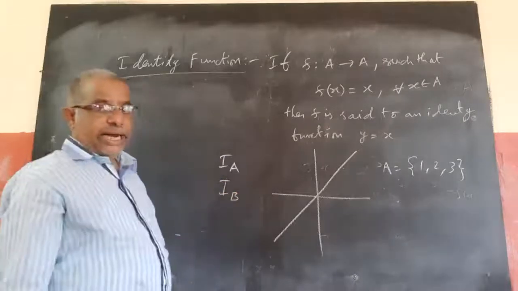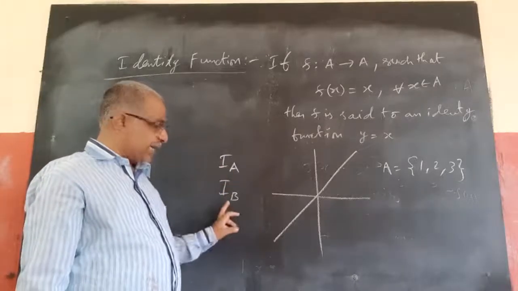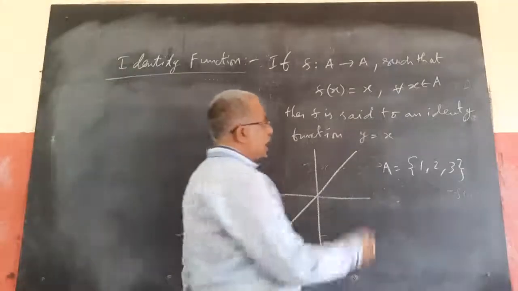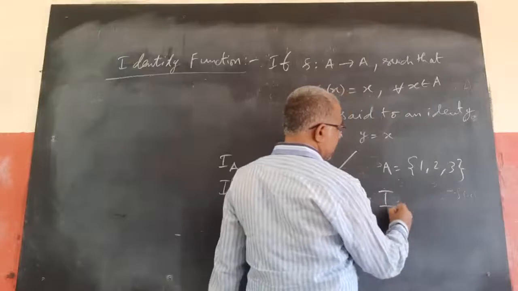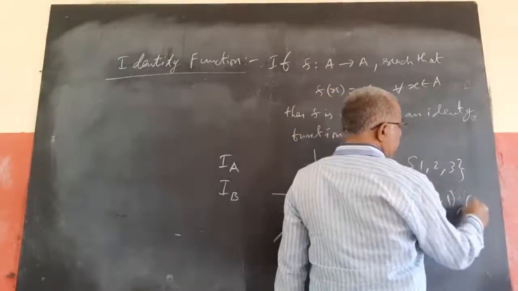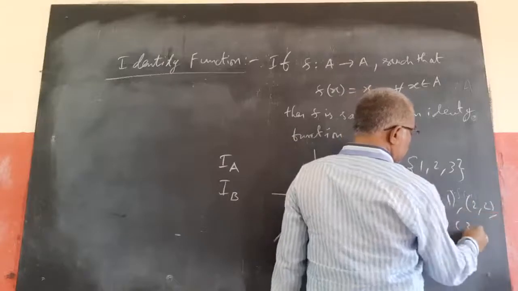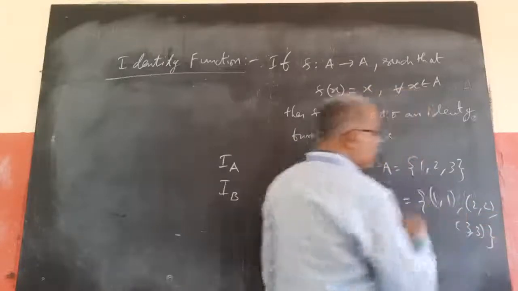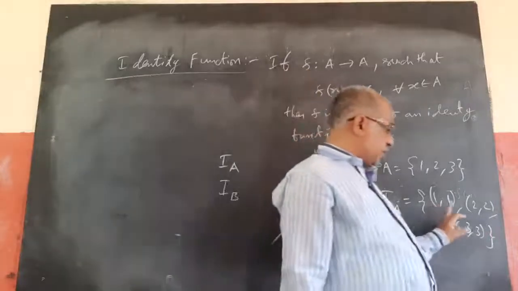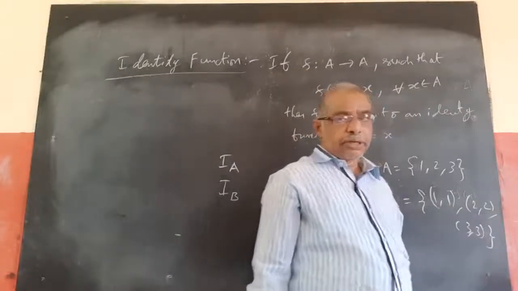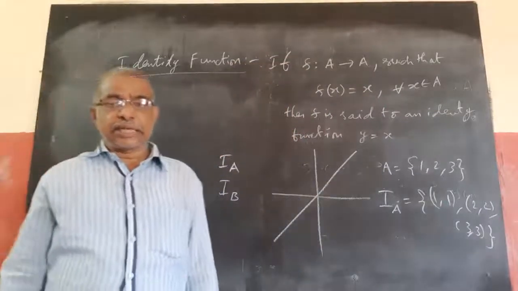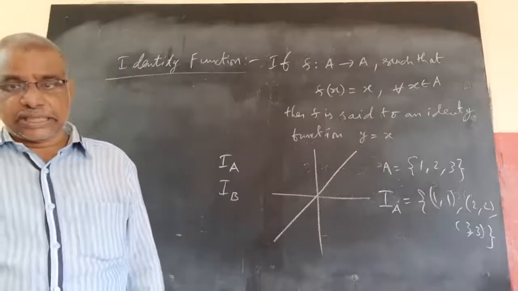So IA is always equal to 1 to 1, 2 to 2, 3 to 3, which means y is always equal to x. Then it is called an identity function.